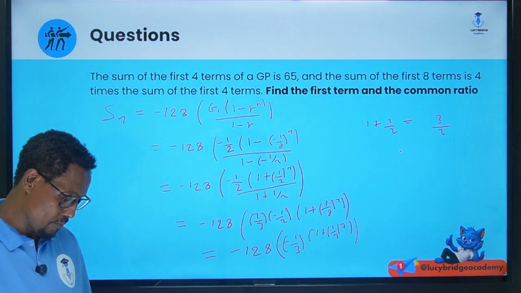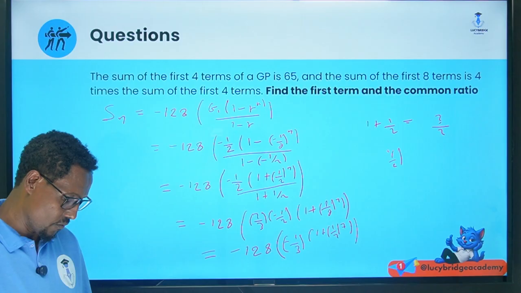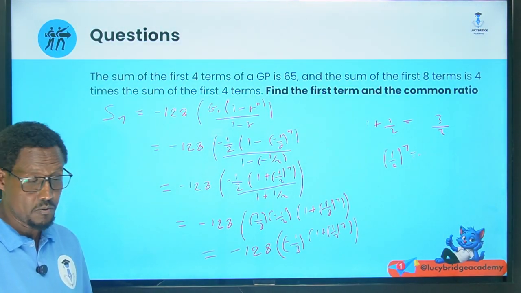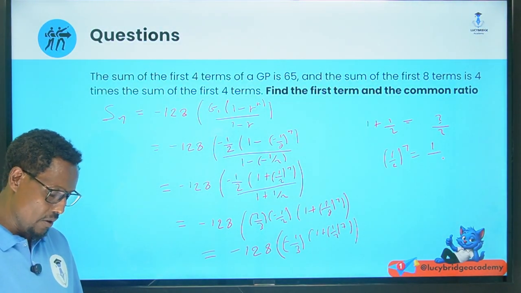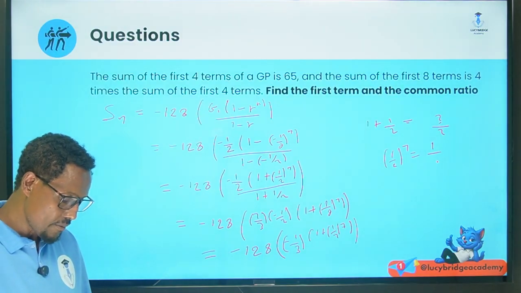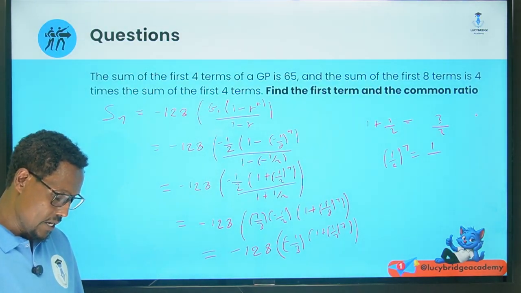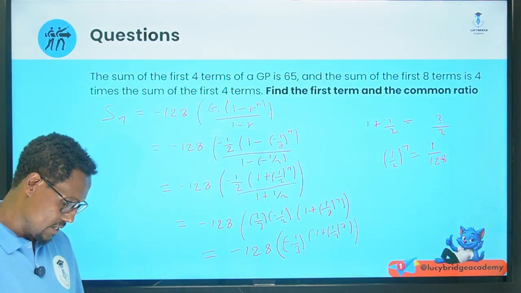Look, 1 over 2 to the power of 7 means 1 to the power of 7, which is 1, over 2 to the power of 7, which is 128.